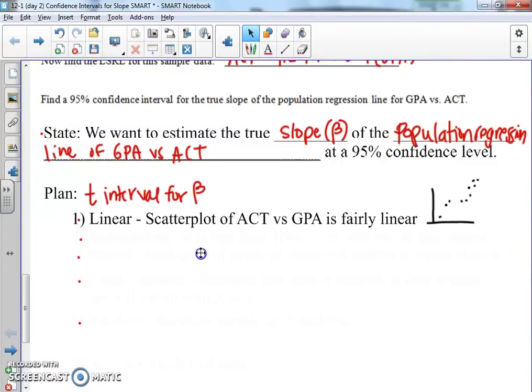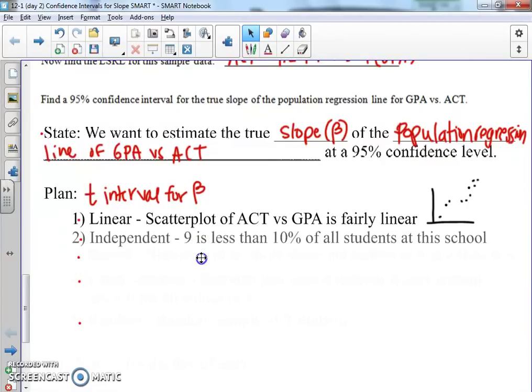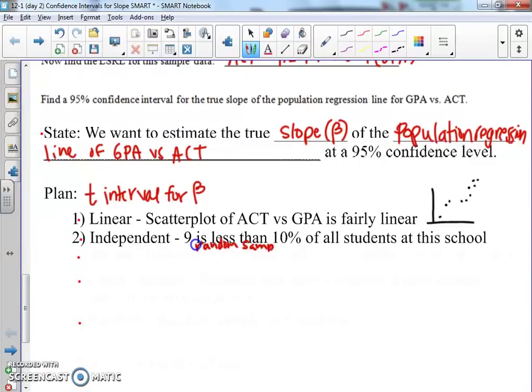Second one, independent. Well, 9 is less than 10% of all the students at this school, and we should probably also squeeze in, I don't know why I don't have it in here, that random sample, because we took a random sample. So random sample ensures independence.